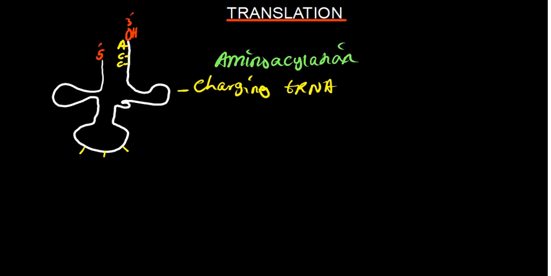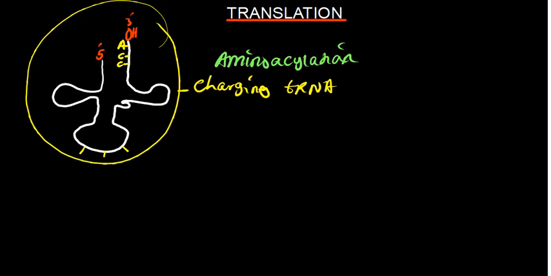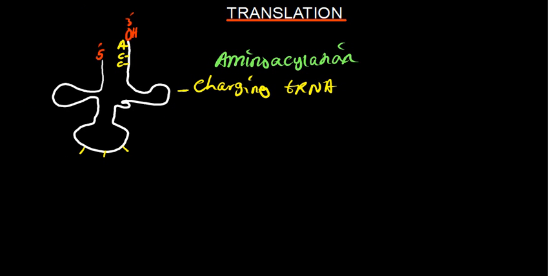So when a particular amino acid becomes active, it will now have to attach itself to an appropriate tRNA. Then that tRNA, as you can see here, this is the tRNA. Then this tRNA now can transport that amino acid to the cytoplasm. So charging of this tRNA, that is what is known as aminoacylation.